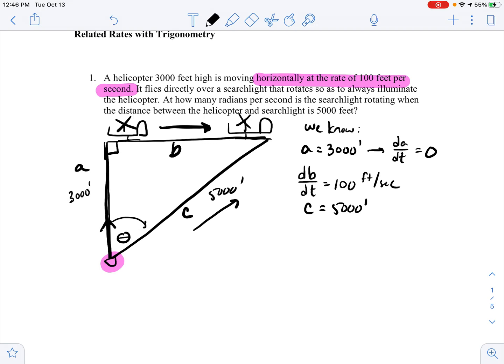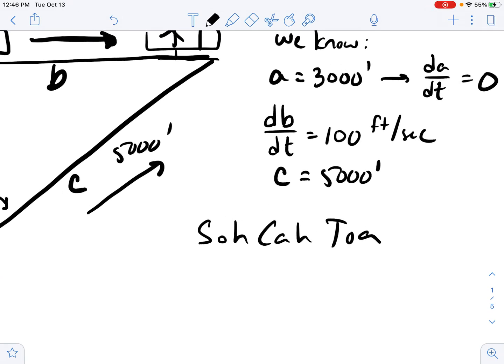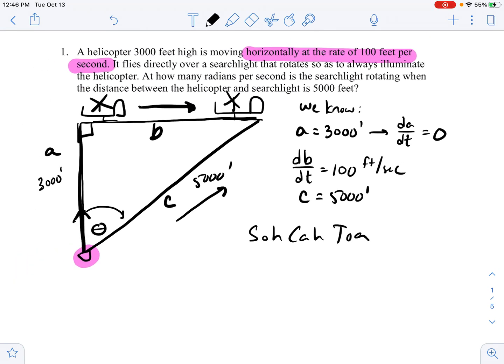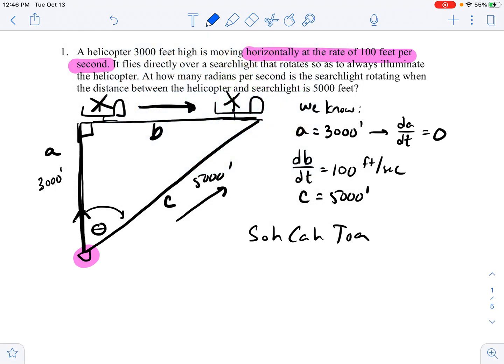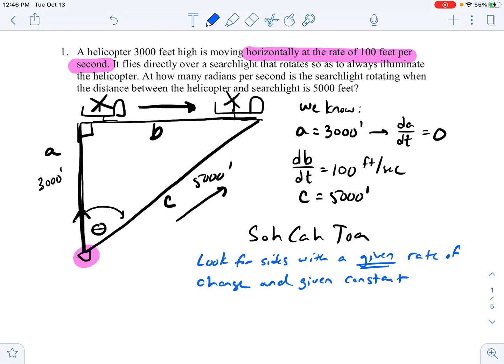Okay, so now let's talk about SOHCAHTOA. Sine is opposite over hypotenuse, cosine adjacent over hypotenuse, tangent opposite over adjacent. When it comes to setting up your initial trig function to bring theta into the problem, what we do is we look for the sides with a given rate of change and a given constant.